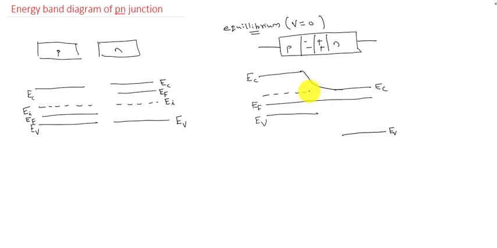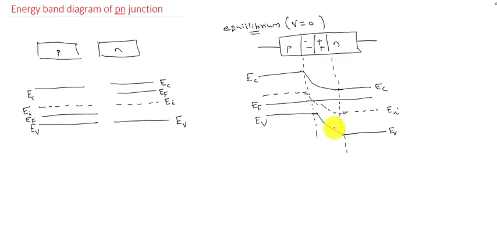This is the conduction band energy level for the PN junction, and similarly we can draw EV, this is EC and EV. Similarly EI will be in the middle, so here also we can draw the EI level. This is the depletion region.